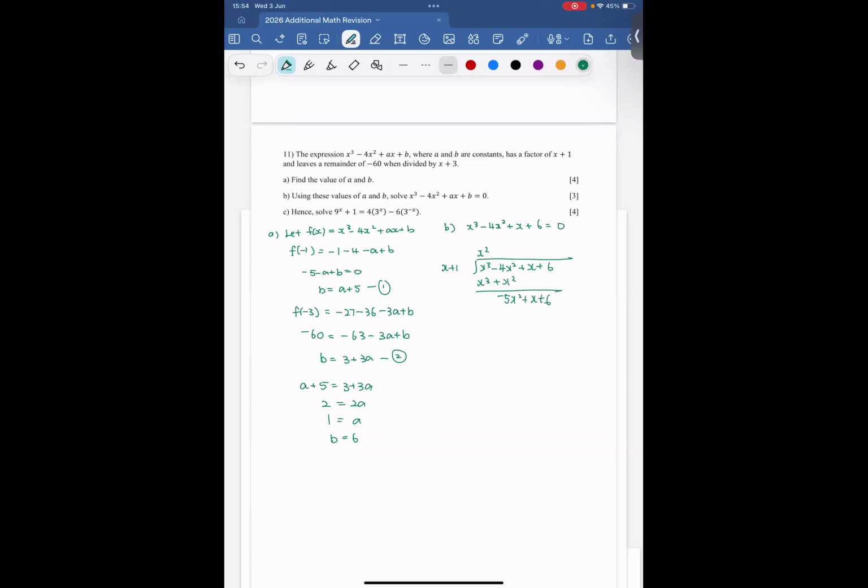If you want to use comparing coefficients, you can do so also. Okay, so we know that this times this equals to 0. So this one can be factorized. So when we solve, we get this.